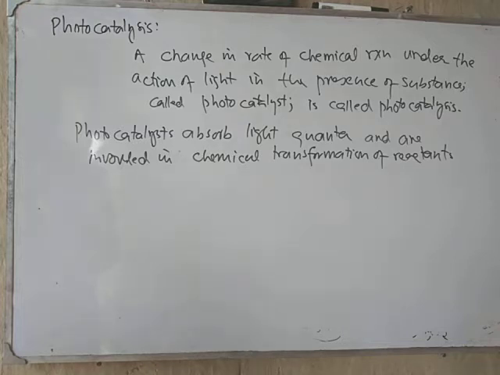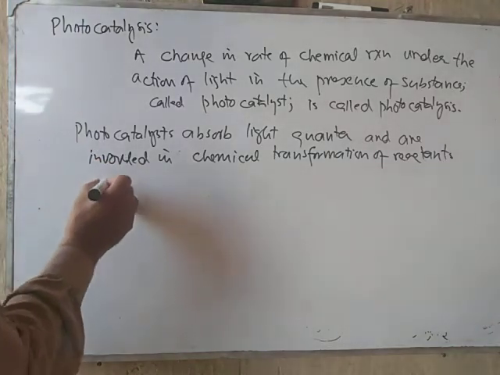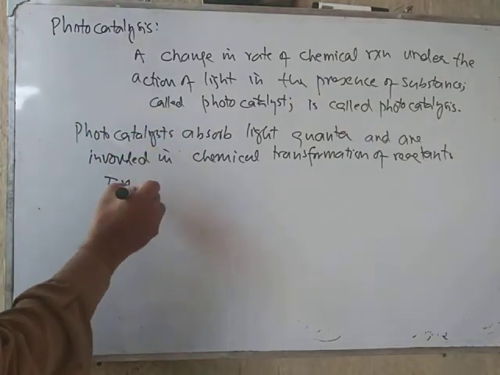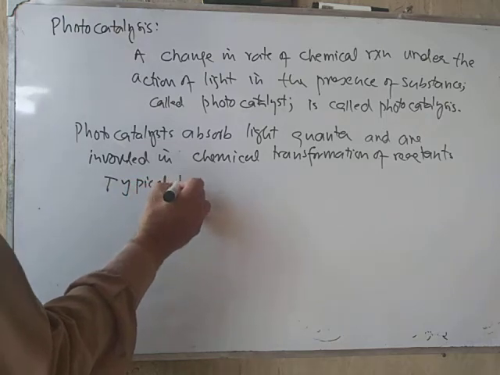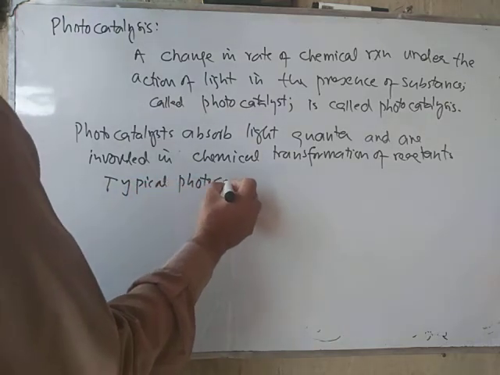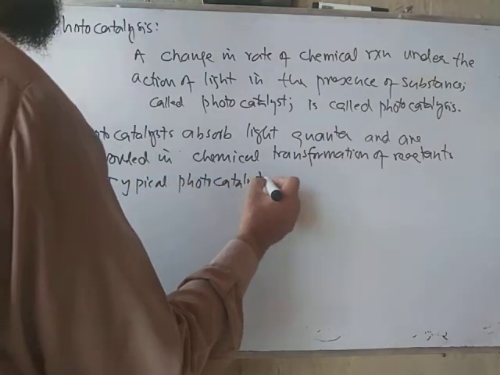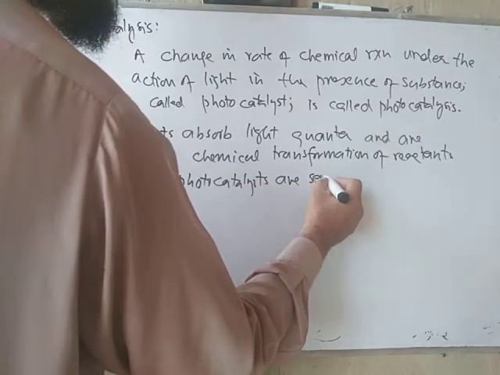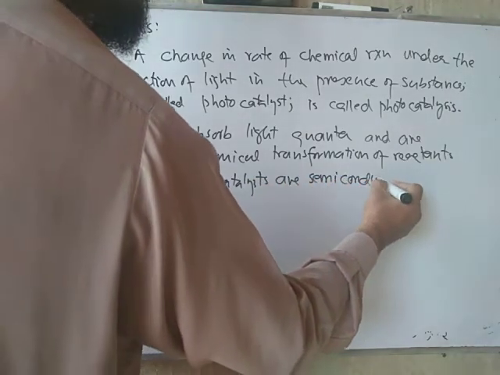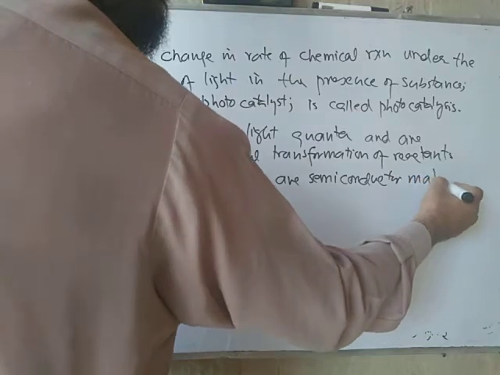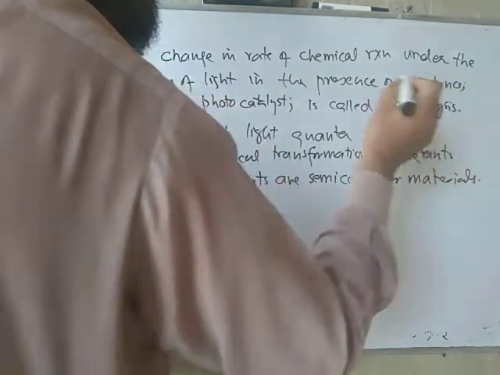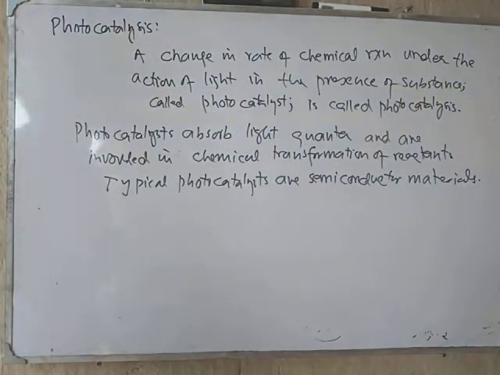Typical photocatalysts are semiconductor materials. Photocatalyst है क्या? Typical photocatalysts are semiconductor materials. Semiconductors, which are metal oxides, can be used as a photocatalyst.